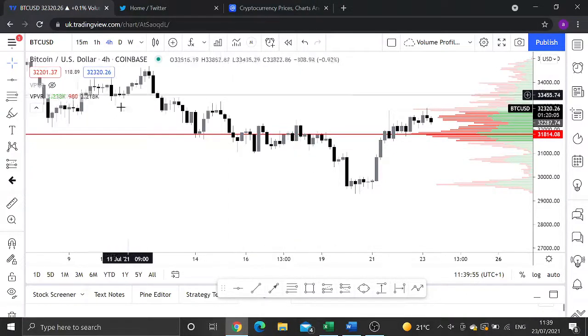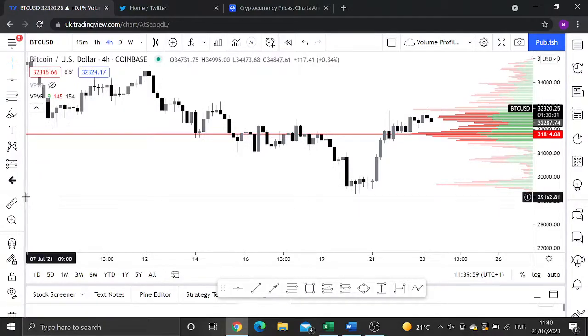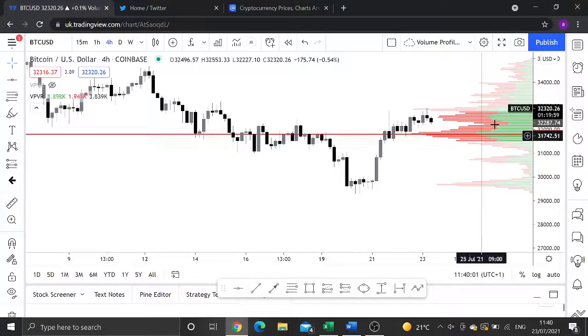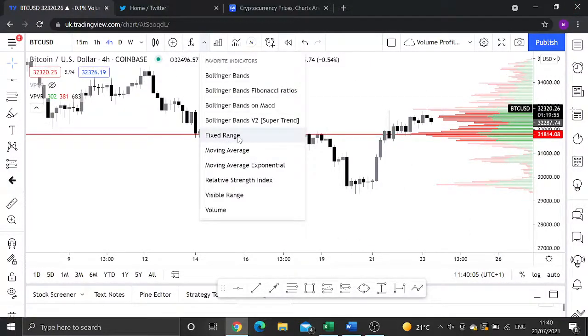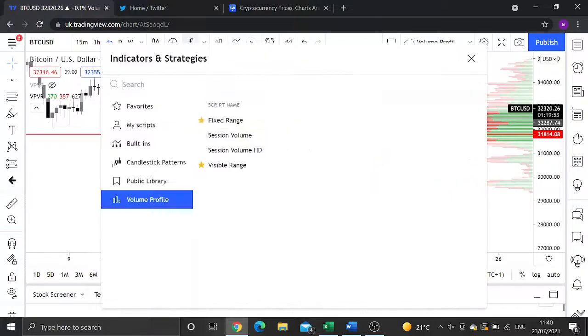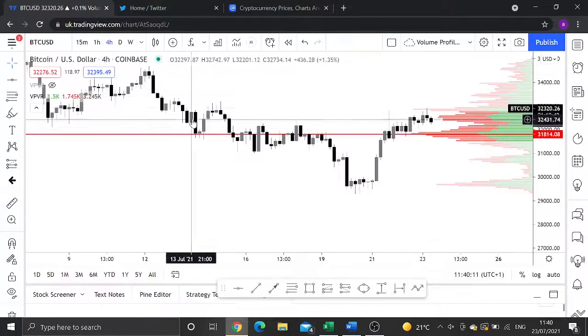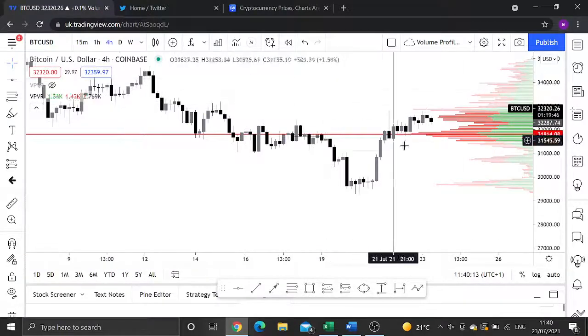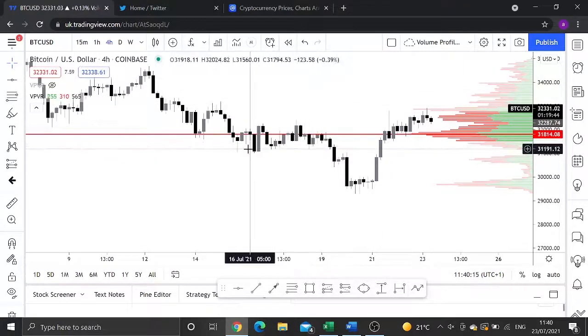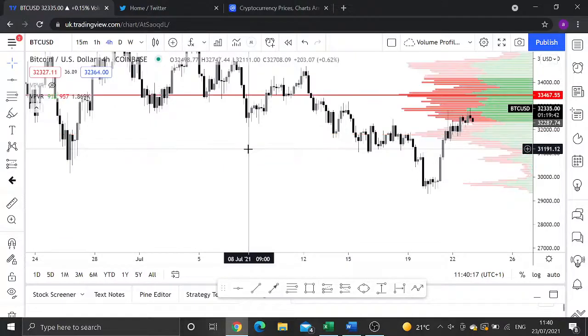What I mean by that is the starting point of this chart to the right-hand side is the visible range, which you can find here again. Click on visible range and it'll bring up the one on the right-hand side. With the visible range, it acts as dynamic, so when I start to zoom out, it will adjust.